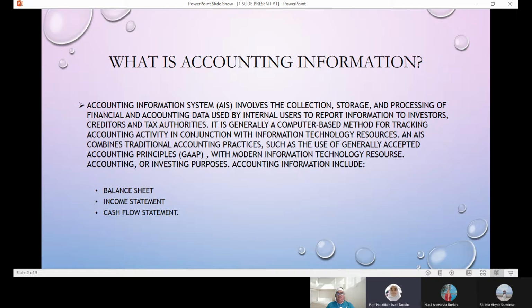AIS combines traditional accounting practice, such as the use of generally accepted accounting principles, or GAAP, with modern information technology resources. Accounting information includes the balance sheet, income statement, and cash flow statement.